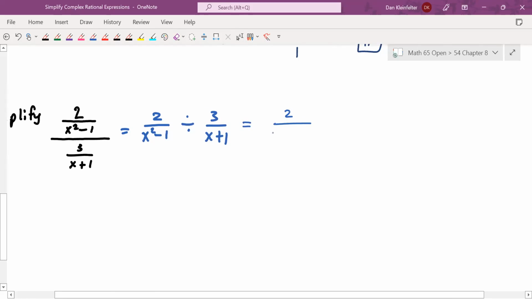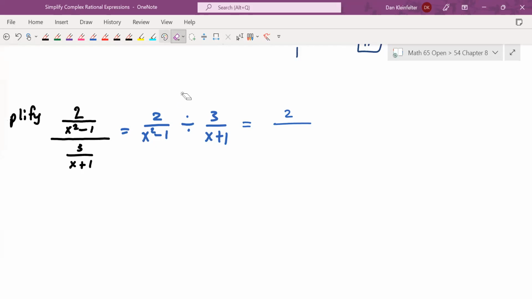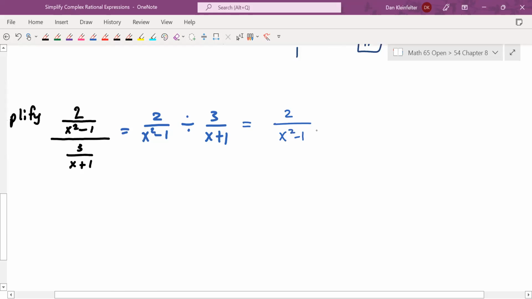We'll have 2 over, actually, what am I doing? I don't need to factor that. I was thinking about adding, which we were just doing. No, I don't need to factor anything here, sorry. So that's 2 over x squared minus 1 times x plus 1 over 3. Okay, now I do need to factor because we're going to end up canceling out that factor of x plus 1.